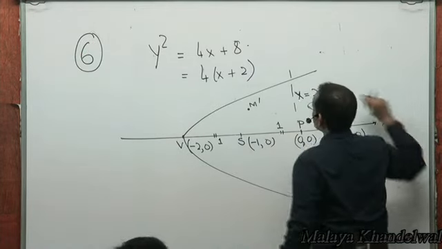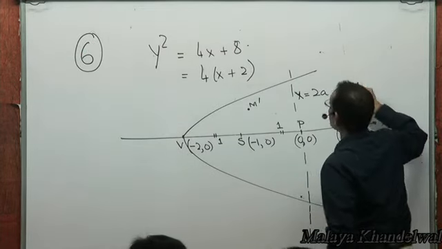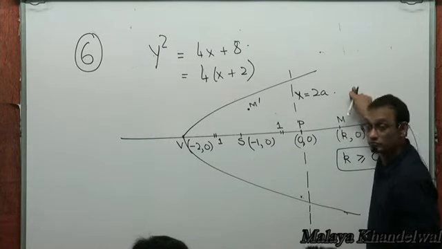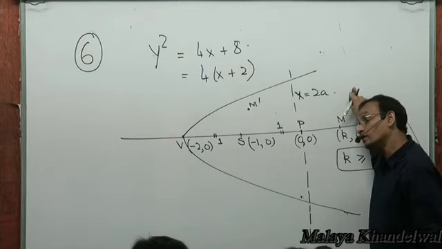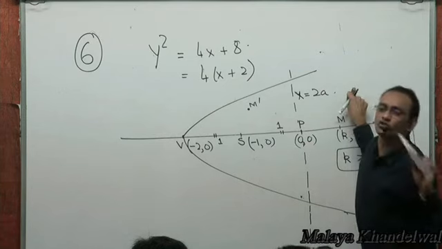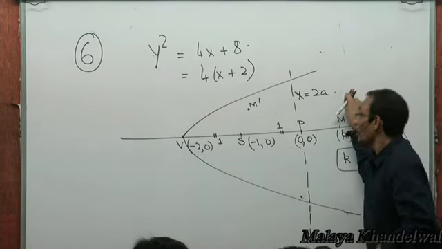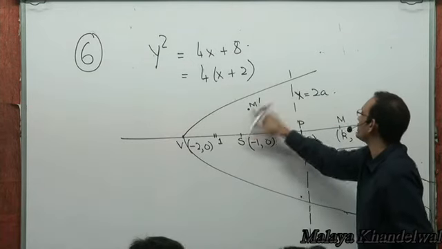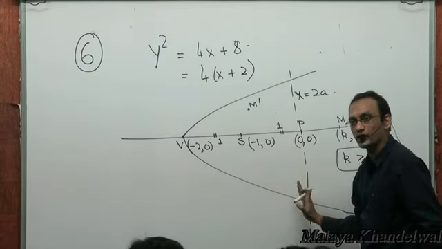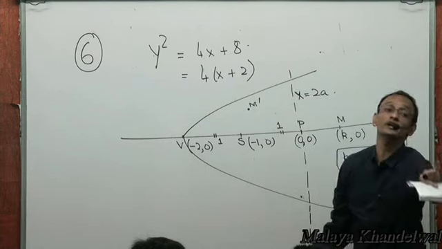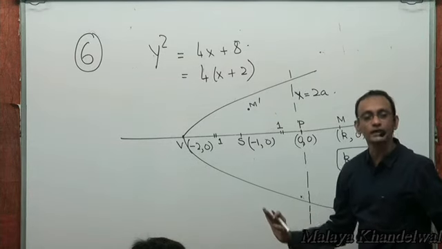For real normals, if you selected a point M prime to the right of P anywhere, then one real normal is always guaranteed, but the other two normals may or may not be real. But if you selected a point M prime to the left of this line x equal to 2a, you can be sure that there will be only one real normal. I'm going to discuss that also.